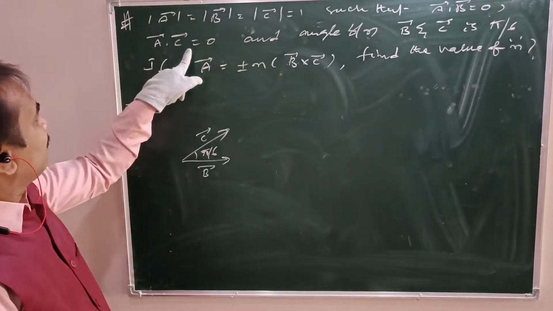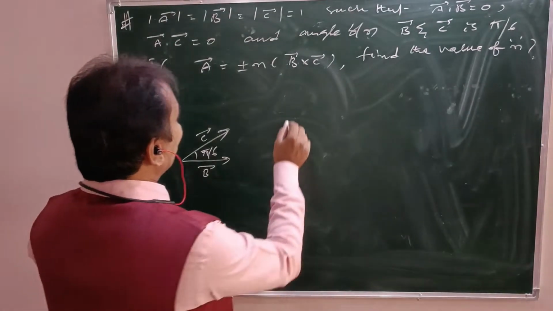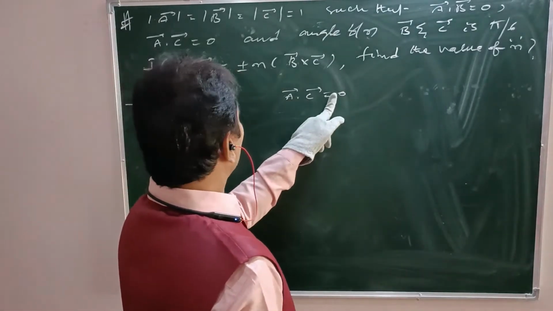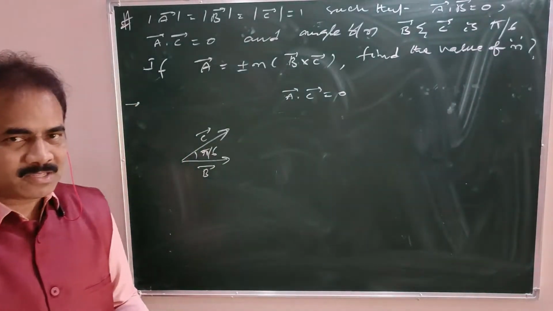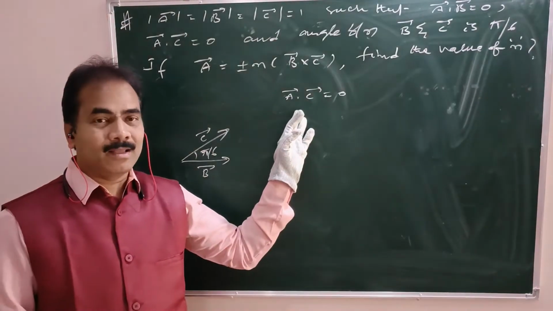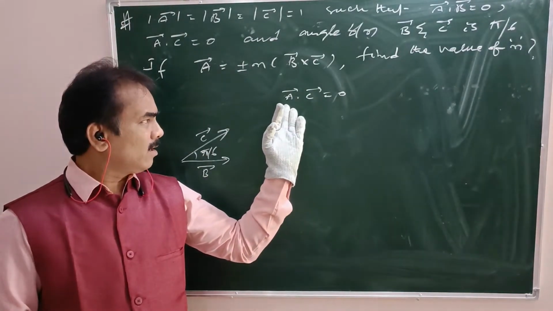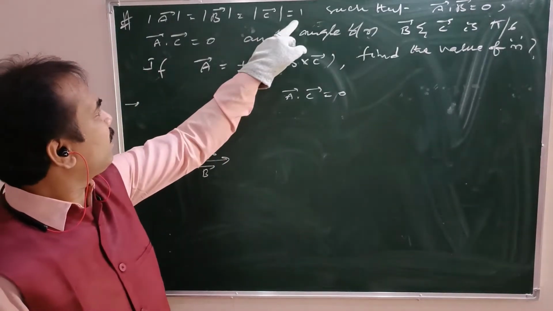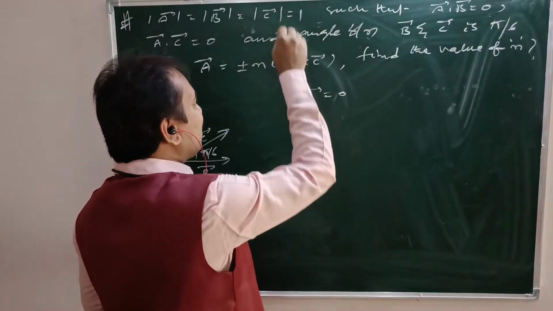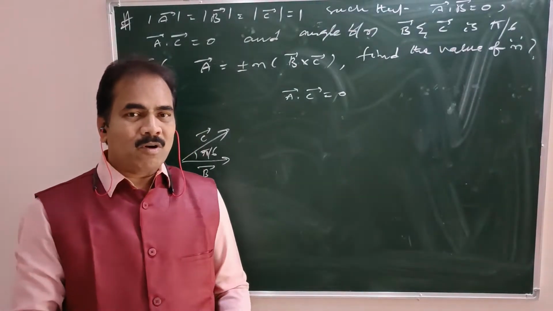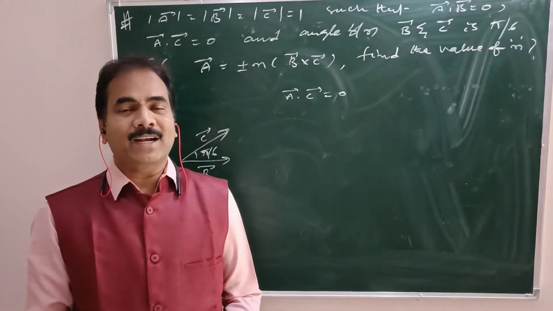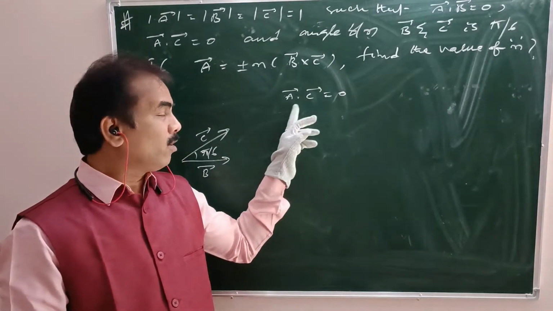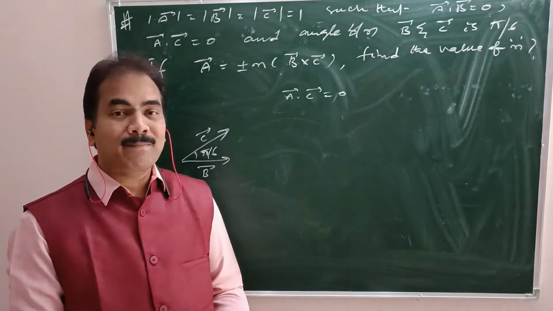Now A bar dot C bar equal to 0. These are non-zero vectors. It is not mentioned that A, B, C are zero vectors. They are not zero vectors; they are in fact unit vectors. If the dot product of any two non-zero vectors is 0, we come to know that the two vectors are perpendicular to each other.